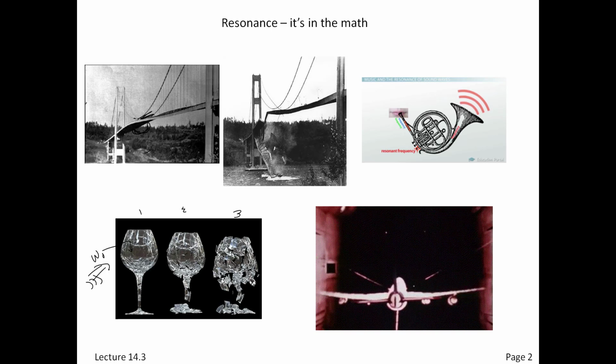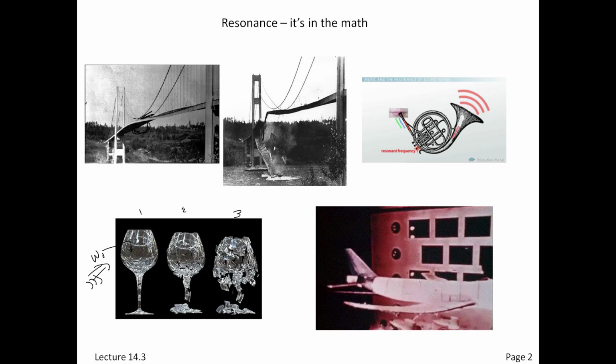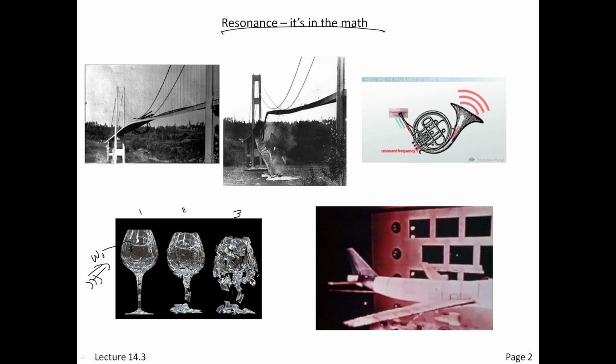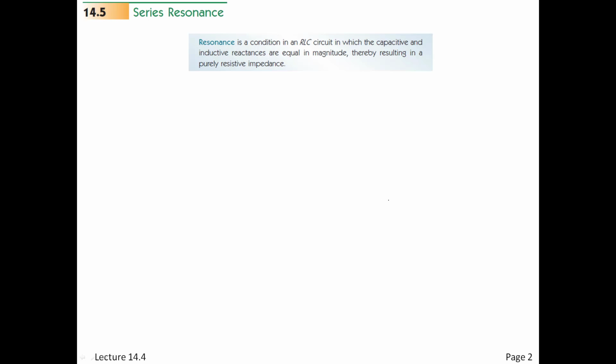Okay? So, back up here, I'm telling you, resonance is in the math. It's not about electronics. So there are 2 kinds of resonance we're going to talk about here today. Series and parallel. Series resonance, we'll spend the most time on this, and parallel is a straightforward extension of that.